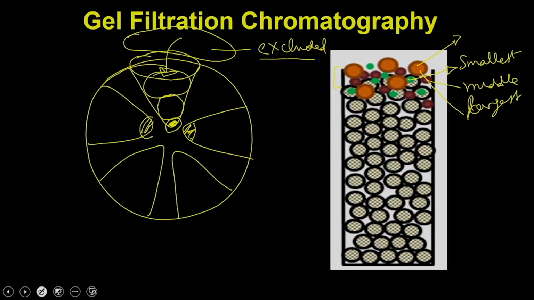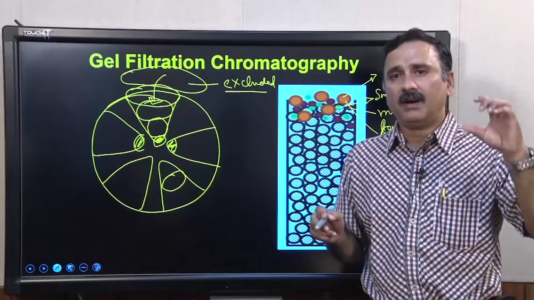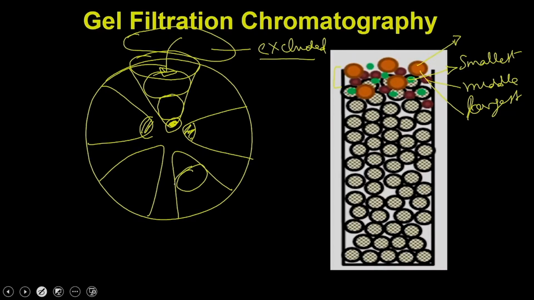So the green ones bind to a different set of layers of the pores, at different positions within the pore, and the orange ones also get distributed, binding to different positions within the pore but not on the same beads. The green ones bind in the initial few layers, the red ones bind in the subsequent few layers, and the orange ones bind in this layer.